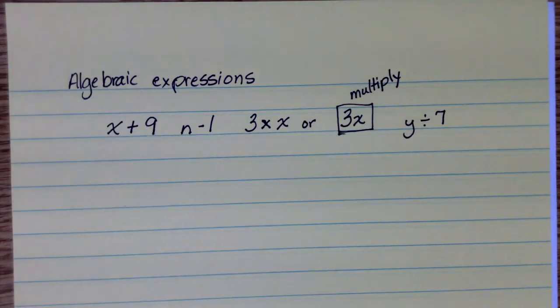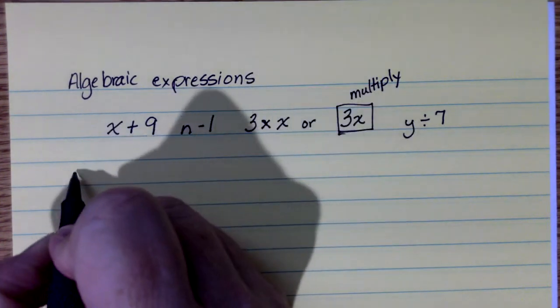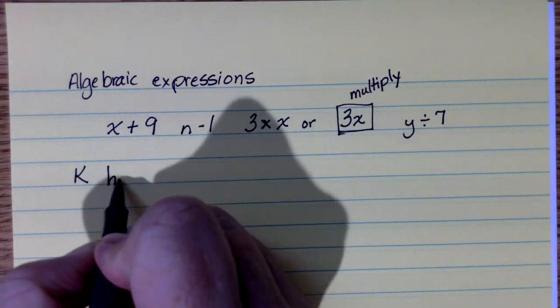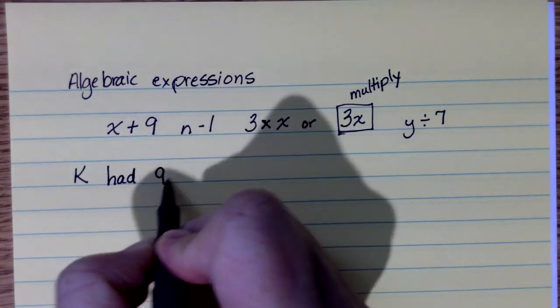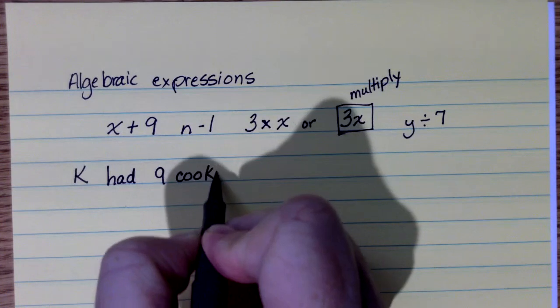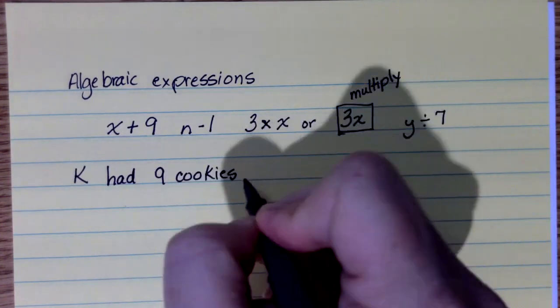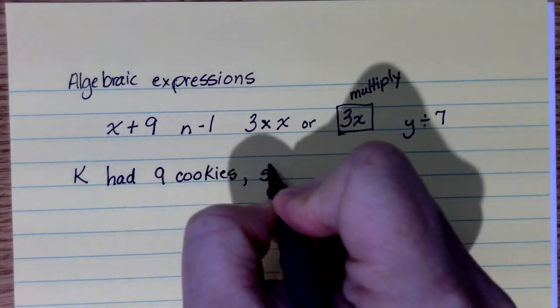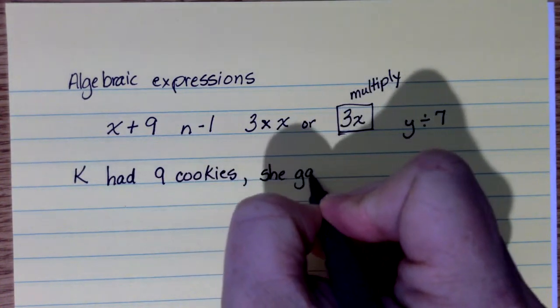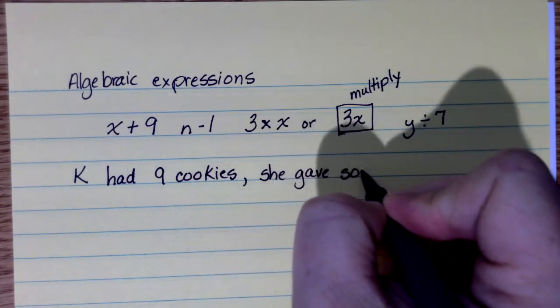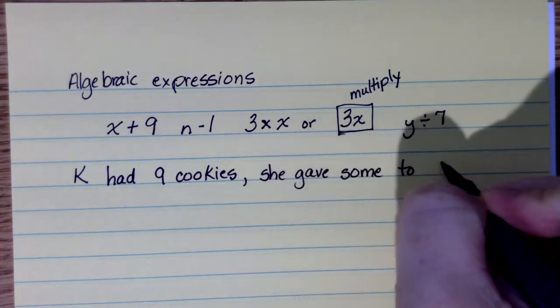So let's look at some other examples. What if Kamaya had 9 cookies? So we're going to say Kay had 9 cookies. She gave some to Jet.